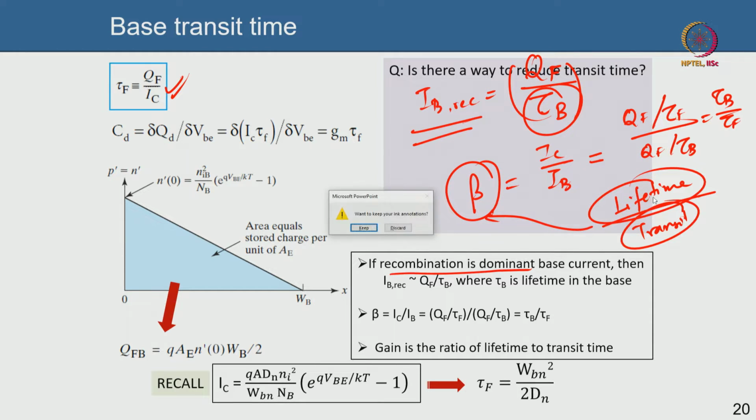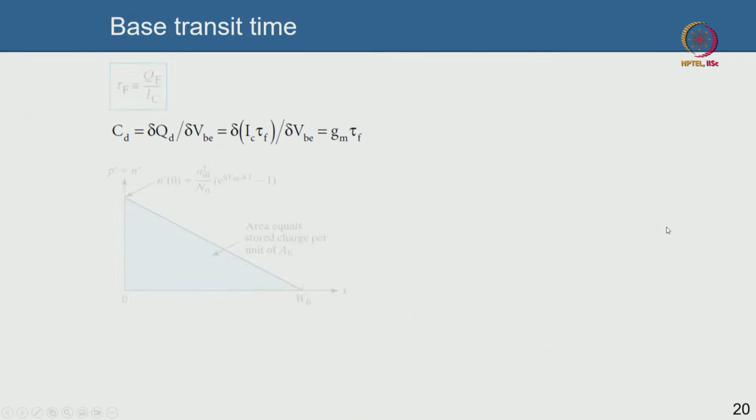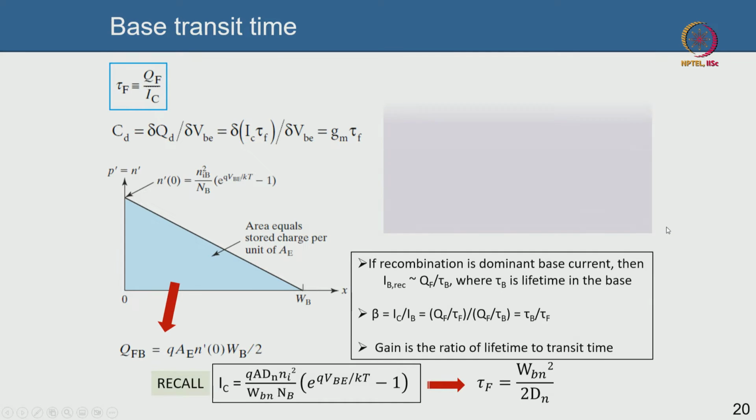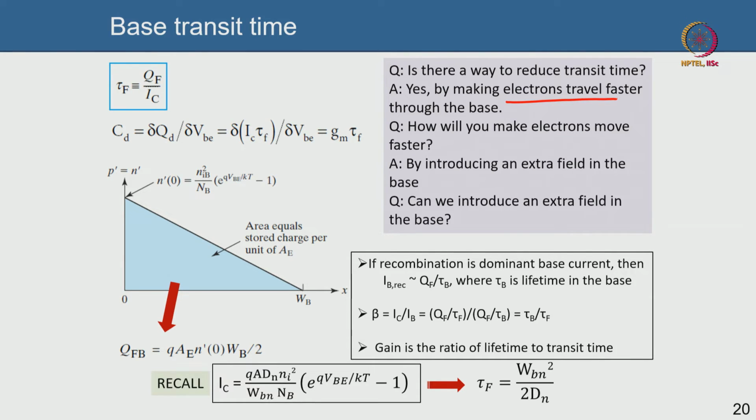Now is there a chance to reduce this transit time? Yes. The way to reduce this transit time is basically to introduce a separate field in the base. You can make the electrons travel faster in the base by introducing an additional electric field, and that can be done by something called grading.